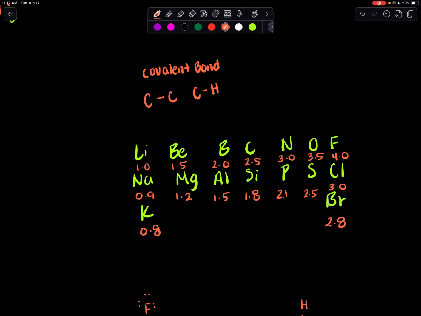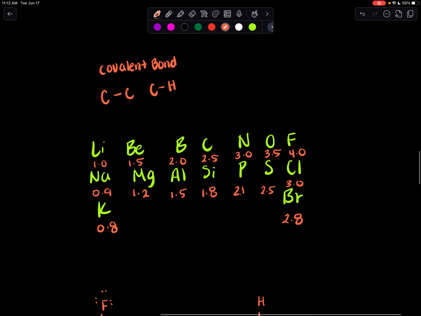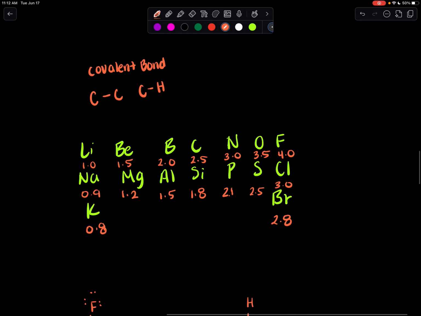Now, if the difference of electronegativity is between 0.5 and 1.7, the electrons are not shared equally between the two atoms, and this is going to result in a polar covalent bond. An example of this is nitrogen forming a bond with a hydrogen, a carbon forming a bond with an oxygen, lithium forming a bond with a carbon.